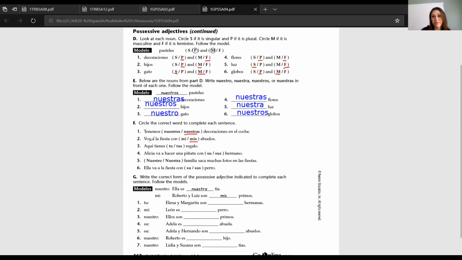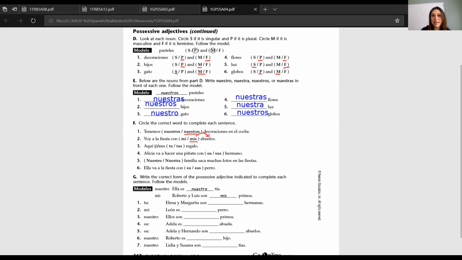I go to the party with, remember con means with, and this is your new word, abuelos, grandparents. And you want to show the possessiveness. So mis is modifying abuelos, so it has to match whether it's singular or plural.